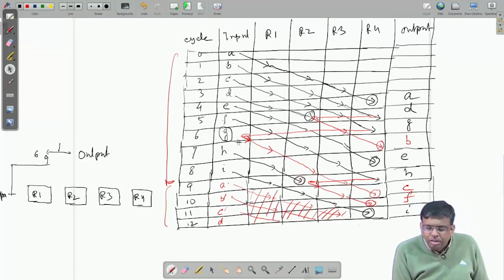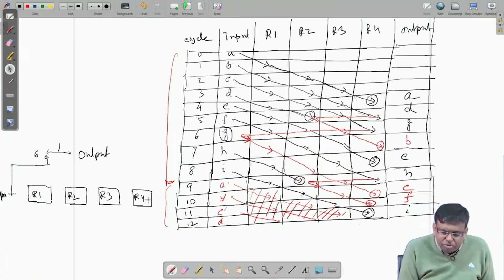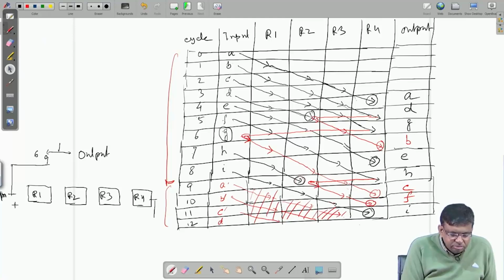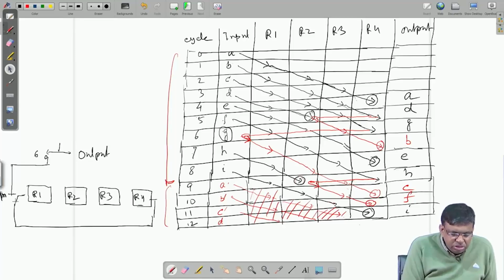R1 at this time at cycle 6, input of R1 will come from this here, that is R4 output, look at the red line. So, R4 output will be fed back to R1 input at cycle 6. So, it will be switching, it will touch it at 6 and touch it at the other cycles, you know.